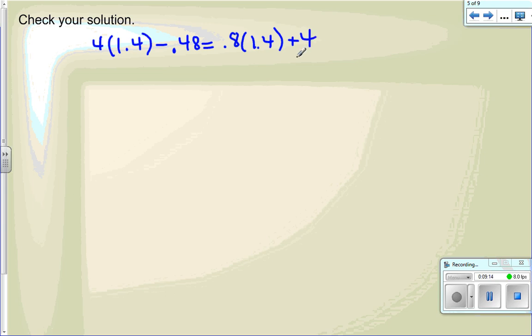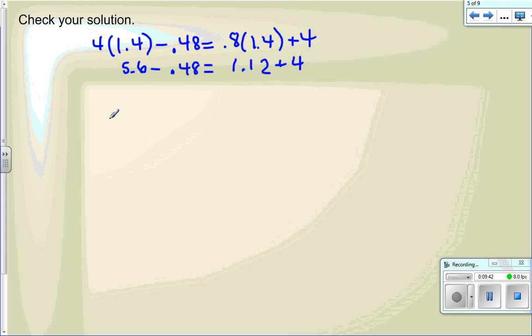So here now I have 1.4 times 4, which gives me 5.6 minus 0.48 equals, and then 0.8 times 1.4 is 1.12. So I have 1.12 plus 4.